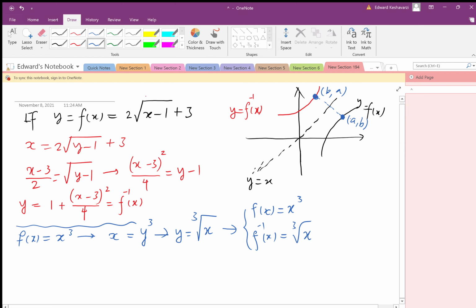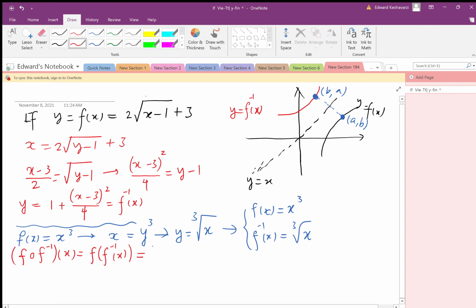So now I'm going to find out what is the composite function of f and f inverse. Let's say what is f o f inverse of x, which means f of f inverse of x, which means we need to insert f inverse into f.